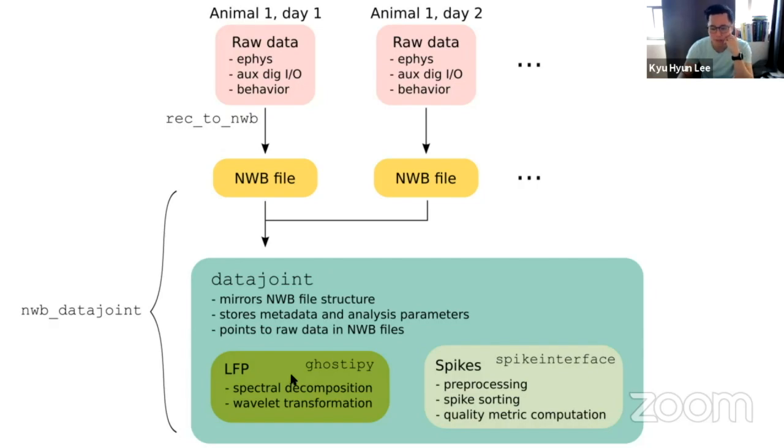And for spiking data, we use SpikeInterface, whose development has been led by Alessio Buccino. And this is a very nice tool that allows us to manipulate electrical recordings in the NWB file as objects in Python. So we can apply different pre-processing steps, call different spike sorting algorithms, and compute quality metrics to assess the results of spike sorting.